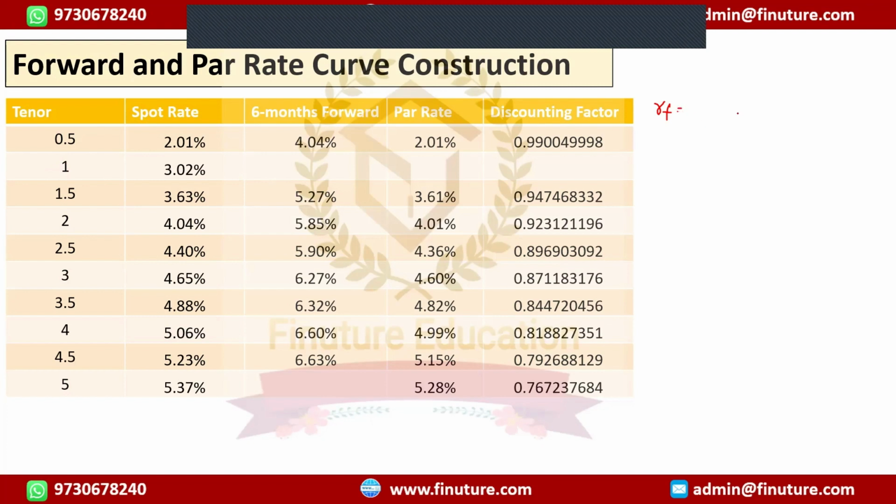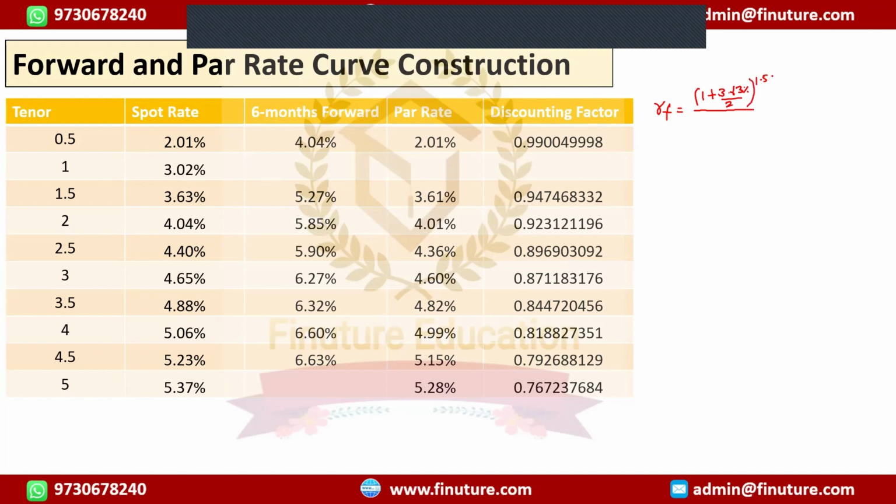How do I calculate that? It's very straightforward. In the numerator, you will have the tenor which is in the future. So I'll take 1 upon the spot rate of 3.63% over 2, to the power 1.5.